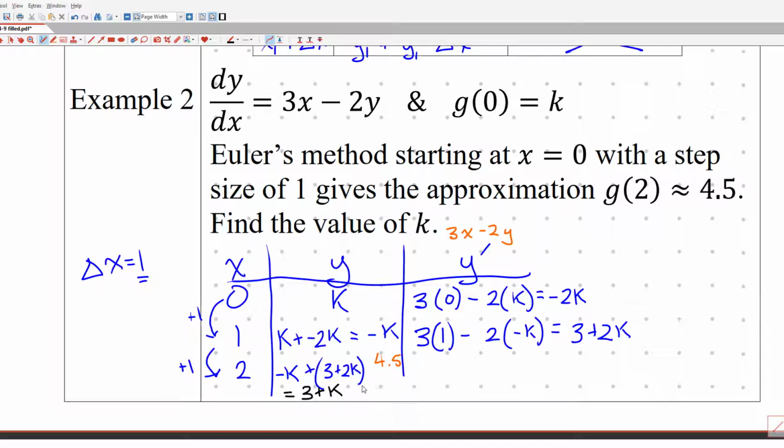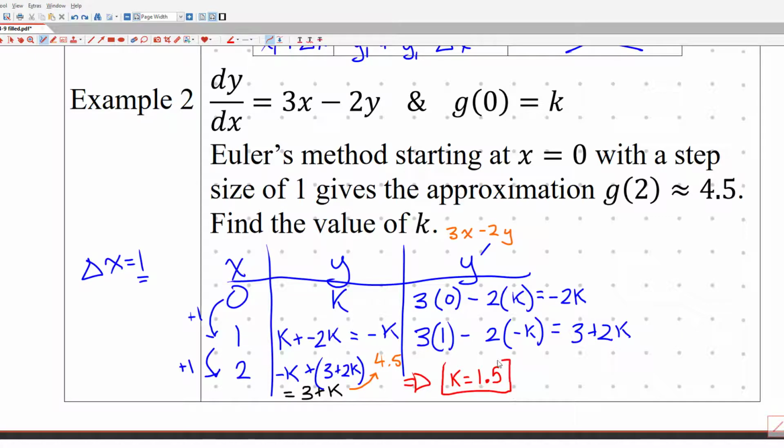And I know that 3 plus k needed to be equal to 4.5. So subtract 3 from both sides, and this implies that k is equal to 1.5, which makes this equation true: 3 plus k is equal to 4.5.